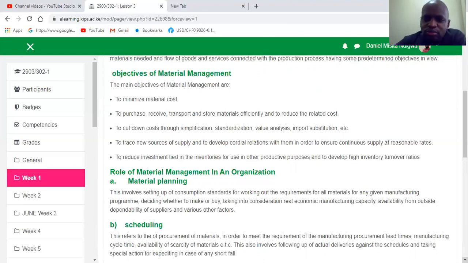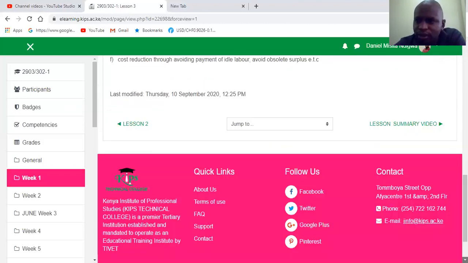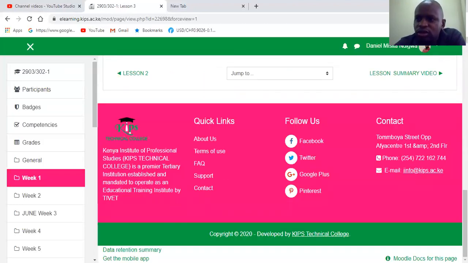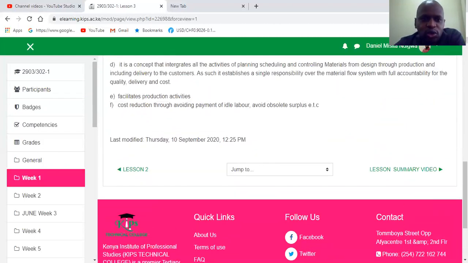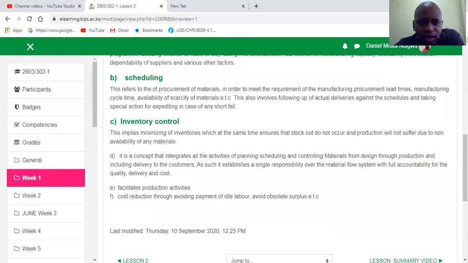So what is the role of material management in any organization? The first role is material planning. So you're able to plan for your materials. And remember, if you don't plan, then at the end of the day, you will fail as an organization. The other important role is scheduling. So you're able to schedule your production in the best way possible.